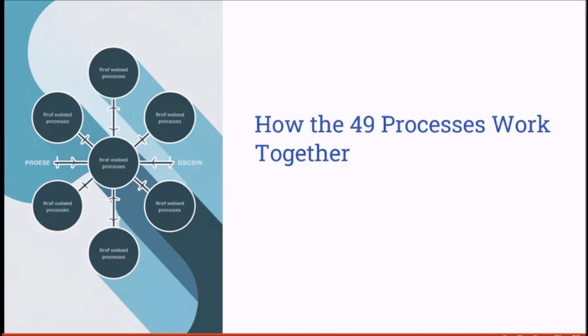And changes in one process, such as scope changes, can affect other processes, such as cost, schedule and quality. Effective coordination ensures that the project constraints, including time, cost, scope and quality, remain balanced.